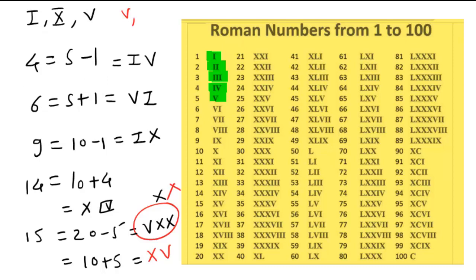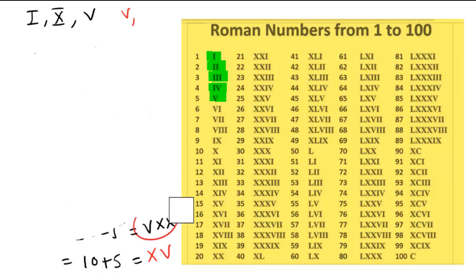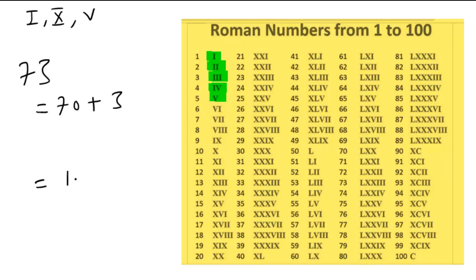Let us try a few more numbers. Let us write 73. How to write 73? 7, 3. Now you might think it can be represented as 70 plus 3, or you might be thinking it can be represented as 100 minus 30 then plus 3.